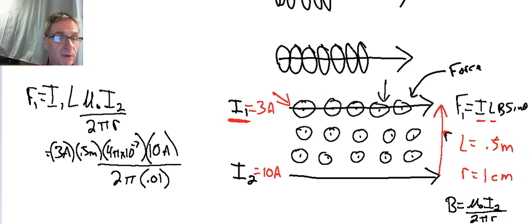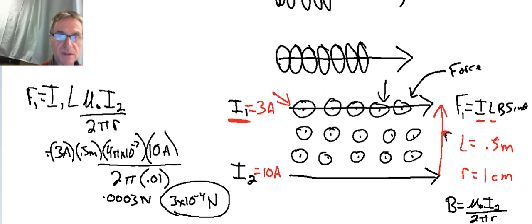So now, when we do the calculation, the number that we come up with is 0.0003 newtons, or 3 times 10 to the minus 4th newtons.